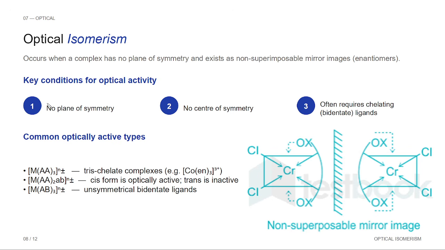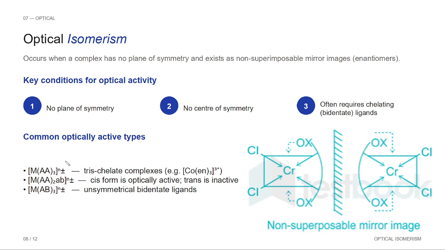So here the optical activity depends on the plane of symmetry and center of symmetry. If there is no plane of symmetry and no center of symmetry, the compounds are optically active. See the example: the mirror image of this compound is this one. These two compounds are non-superimposable mirror images. So this is optical isomerism.